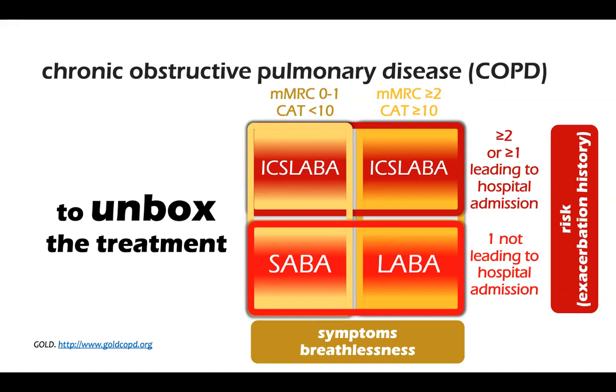Yes, for rapid relief, any patient, be it A, B, C, or D, will need a SABA, but SABA will never be a treatment that will be combined or prescribed with ICS in the absence of a long-acting beta agonist or a long-acting muscarinic.